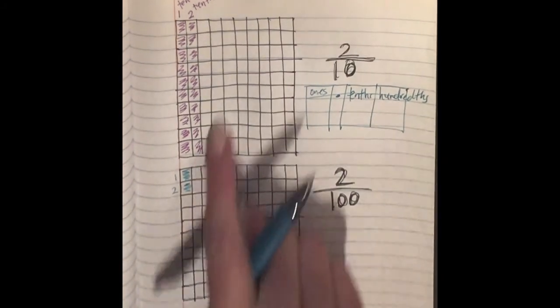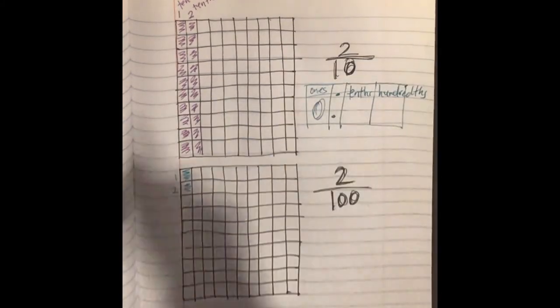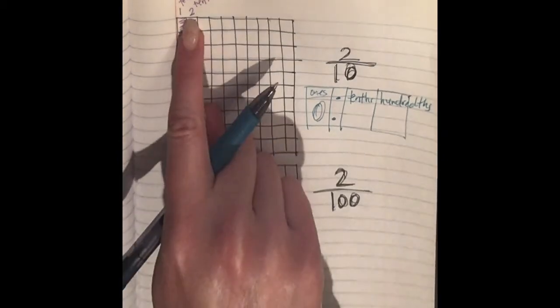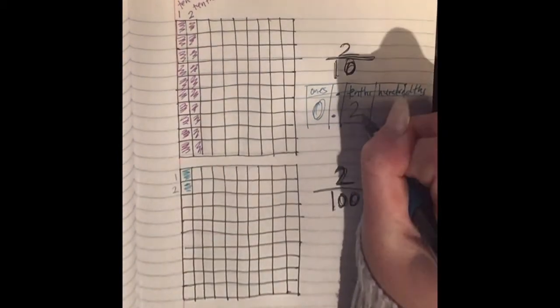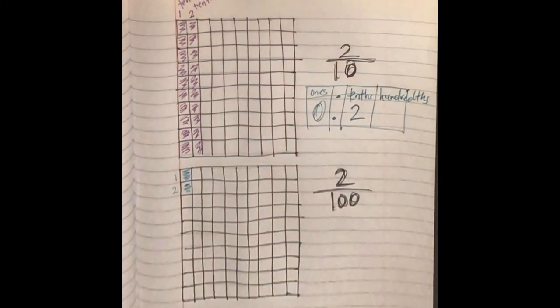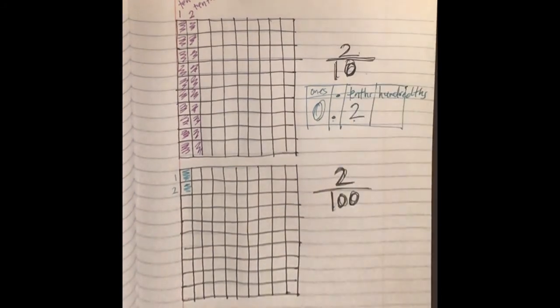Well, how many holes do I have? Don't have any, do I? My period goes in the same spot every time. How many tenths do I have? 2. Do I have any hundredths? No. So I just leave it blank. 0 and 2 tenths. 2 tenths.